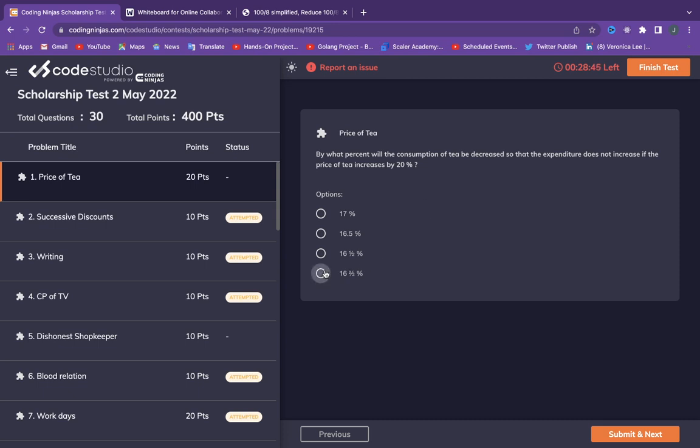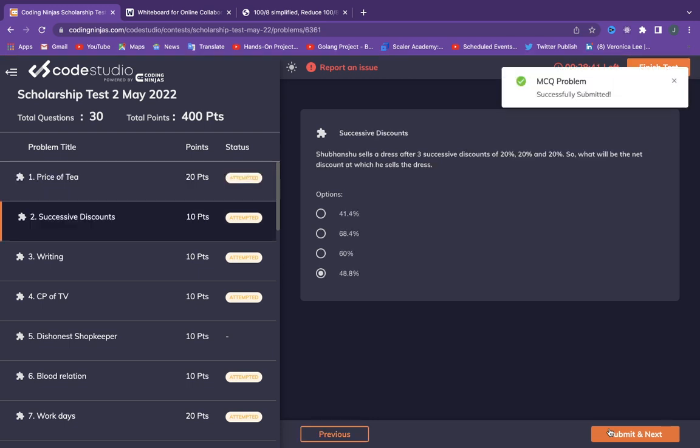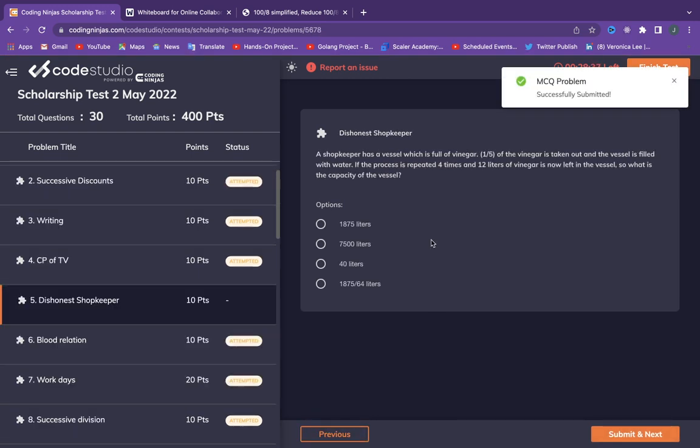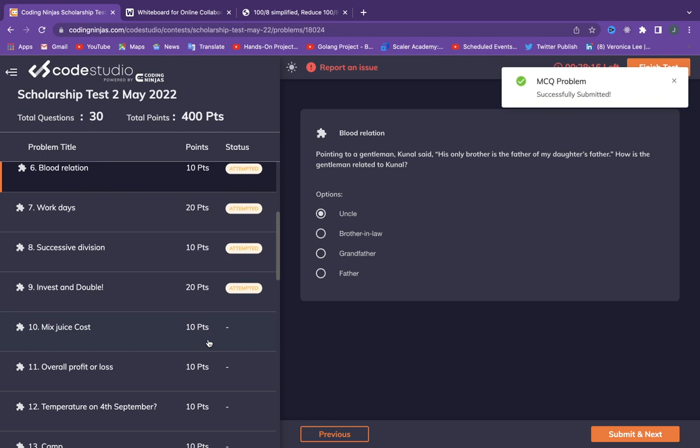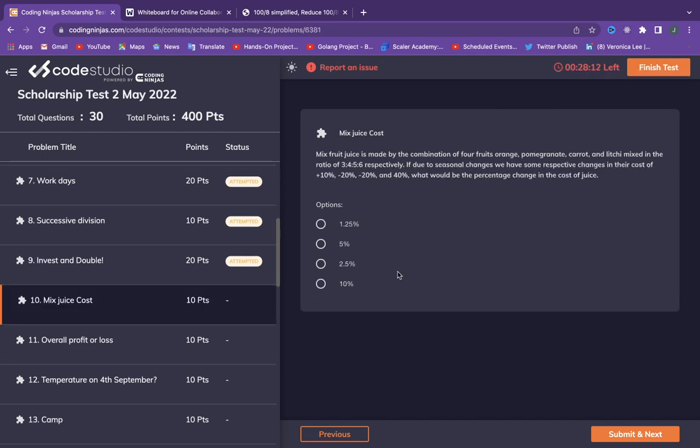So I don't know what to mark for this. So I can calculate this easily, but I don't want to.